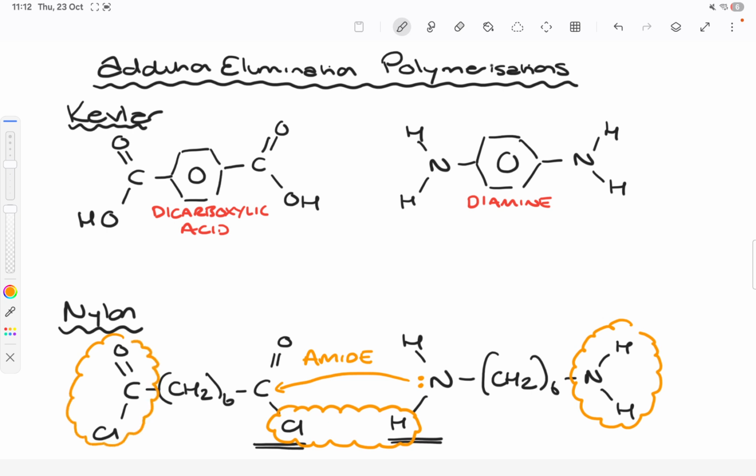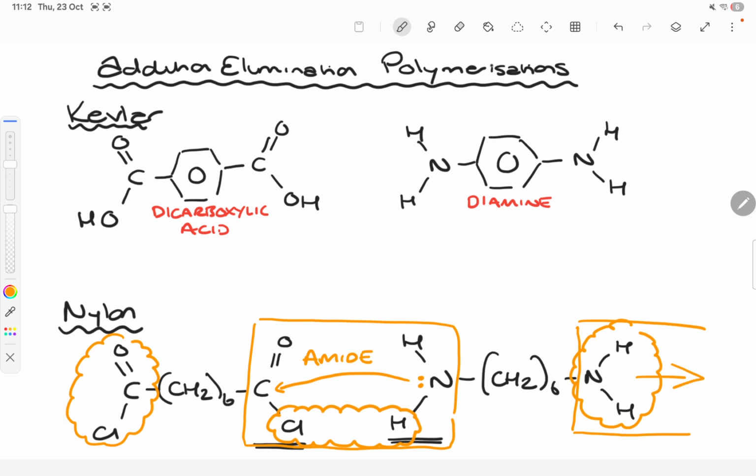there is also another acid chloride on the other end of that starting molecule. This means that once this first amide linkage has been created, it is possible for this amine to then react with another molecule of the chloride which is in the reaction mixture.